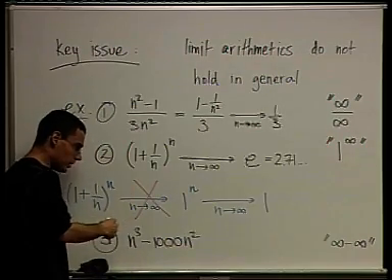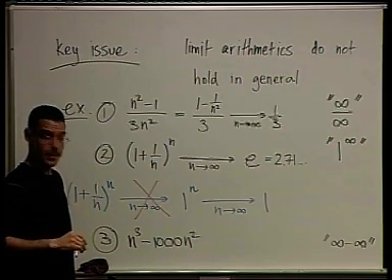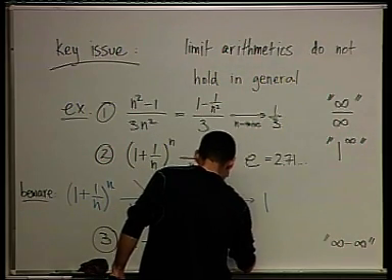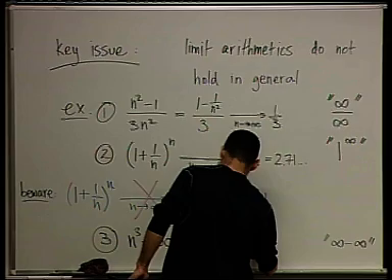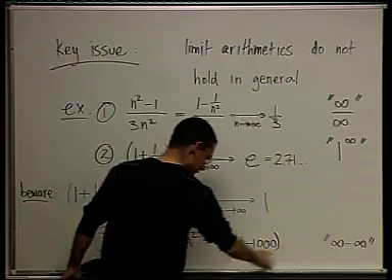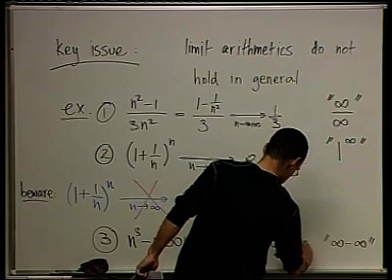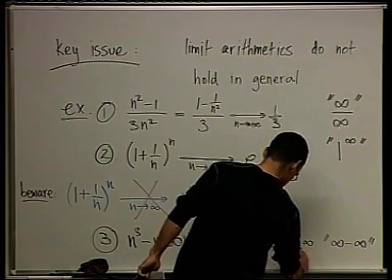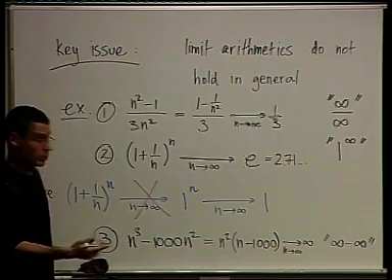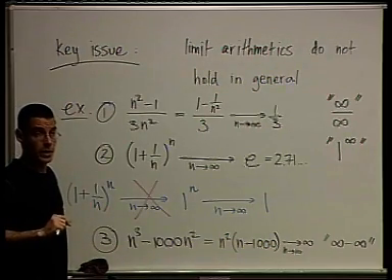The n cubed is going to beat 1000 n squared for very big n's. And a formal way of writing it is to pull out an n squared here and leave n minus 1000 here. And then n minus 1000 goes to infinity, n squared goes to infinity, and this goes to infinity. And that's an example of one limit arithmetic that does hold. So infinity times infinity is infinity. Okay, clear?